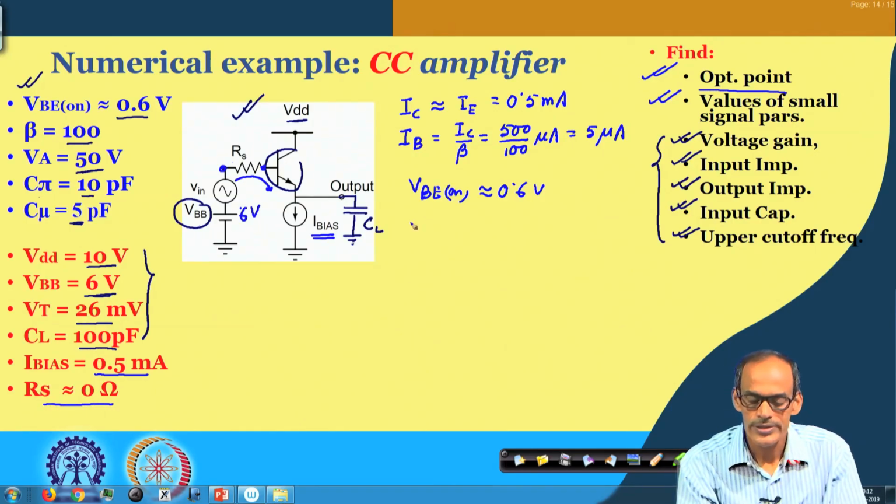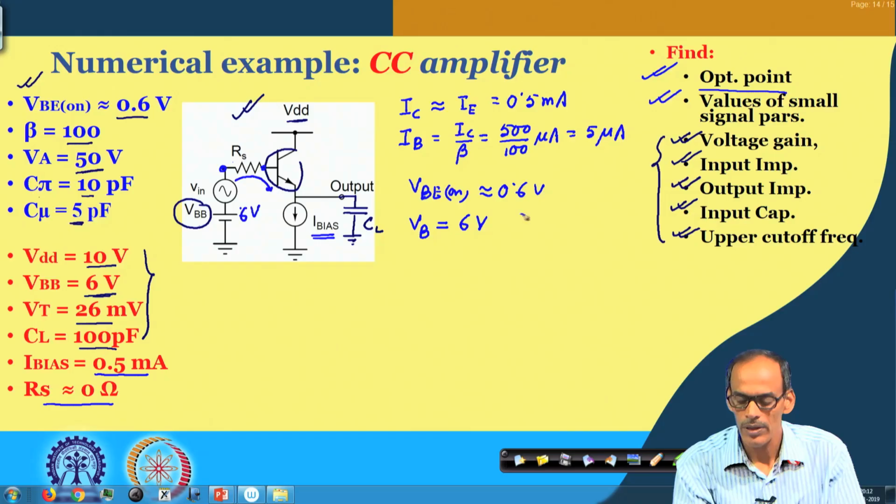So, the base terminal is also equal to 6 volt because the source resistance is 0, and then the emitter voltage is the base voltage, 6 volt, minus VBE on.